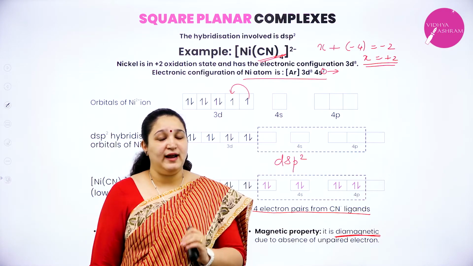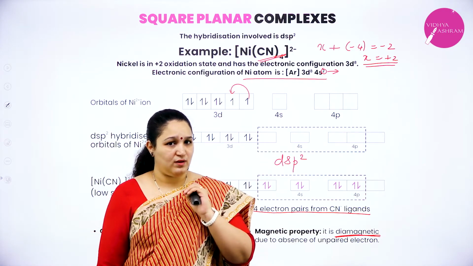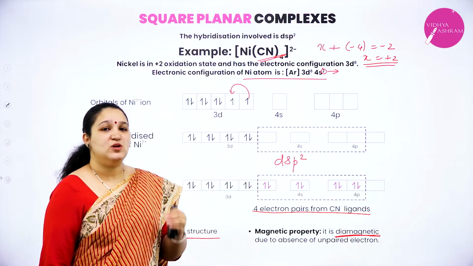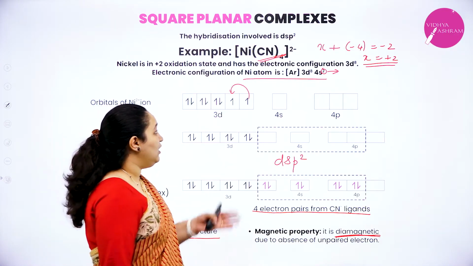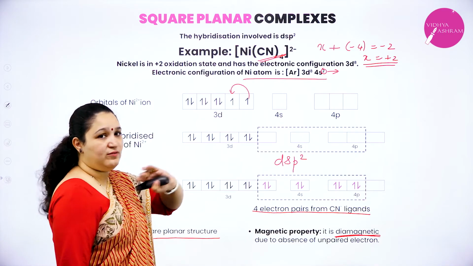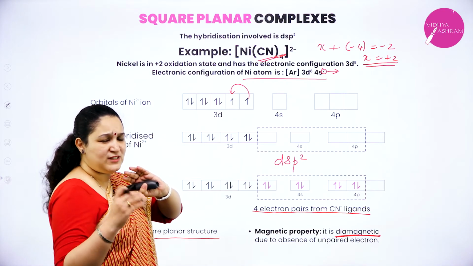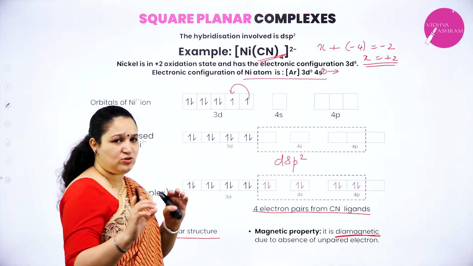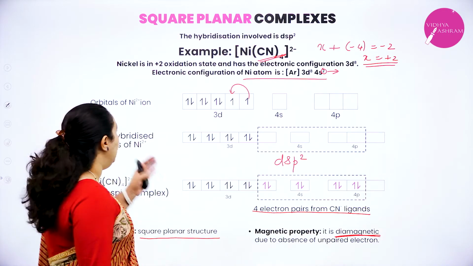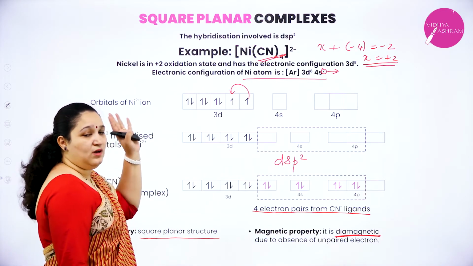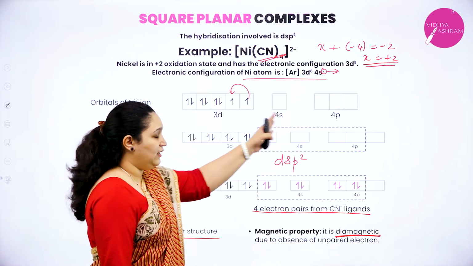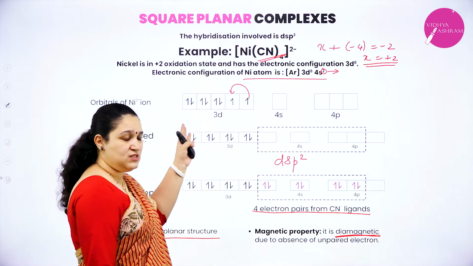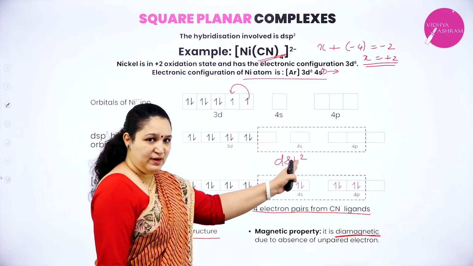How do you write the answer? It carries 3 marks. So, it is very important that you write the electronic configuration, okay, of whichever complex they have asked. You write the electronic configuration of the metal ion, then show the orbital of the central metal ion and the filling of the electrons. Then you have to write about the hybridization.